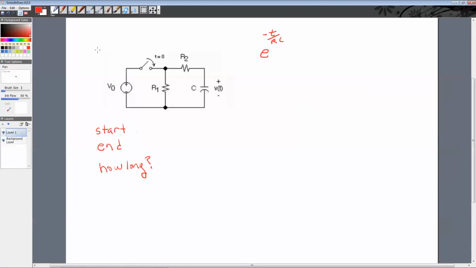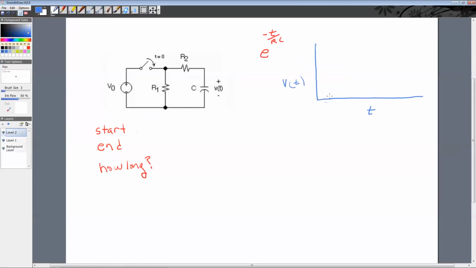How long? All right. So this switch is open, and any charge in here is going to dissipate through R1 and R2, so that any energy stored in that capacitor will be discharged to zero.